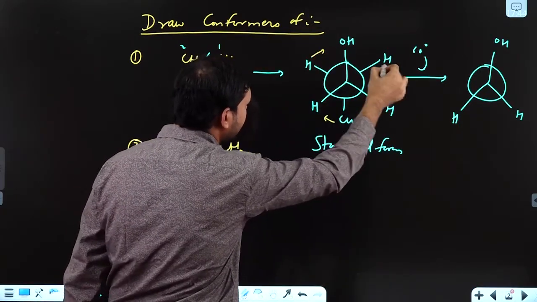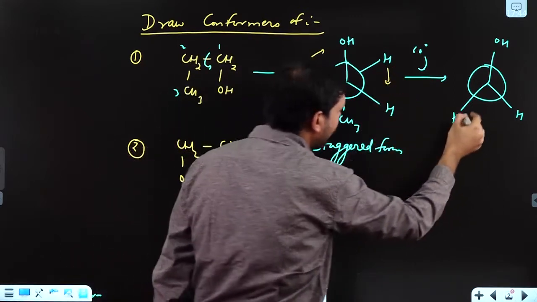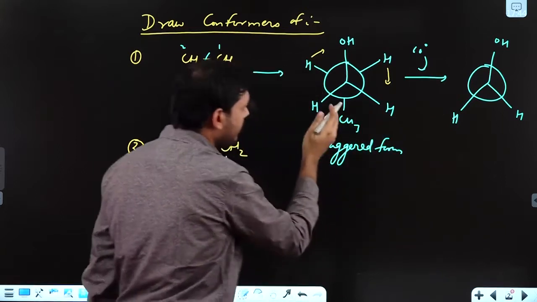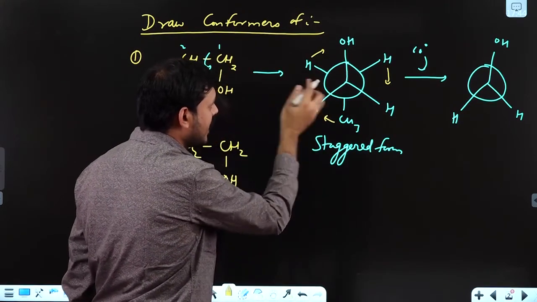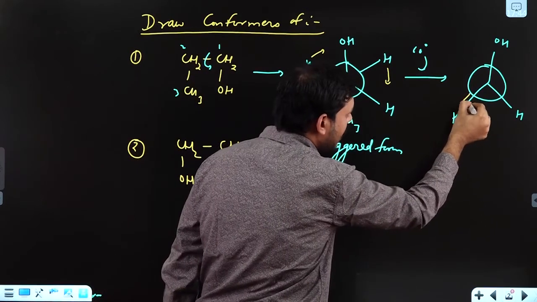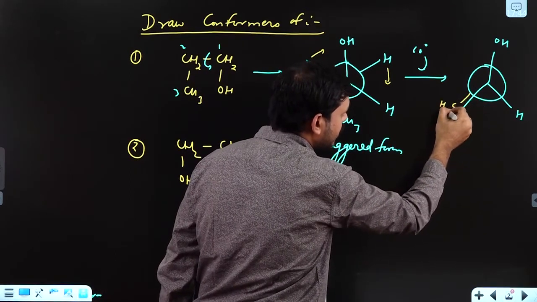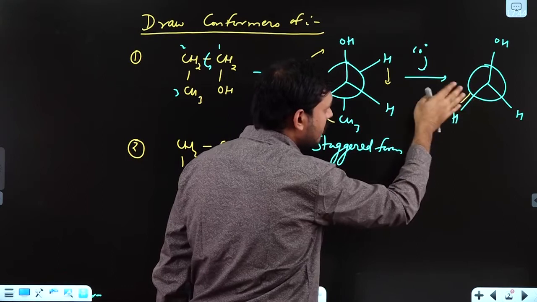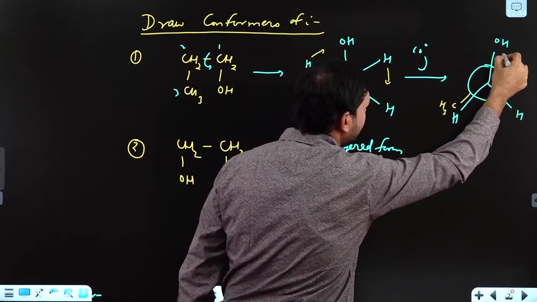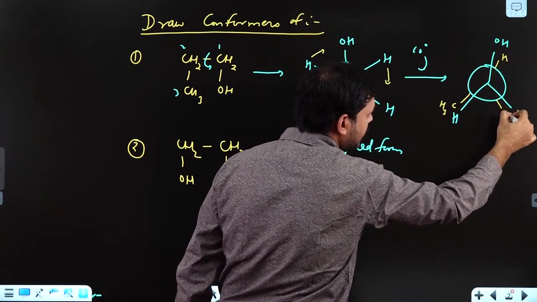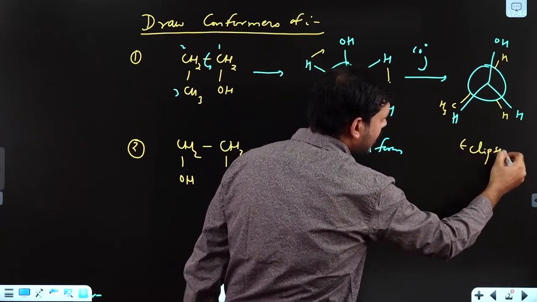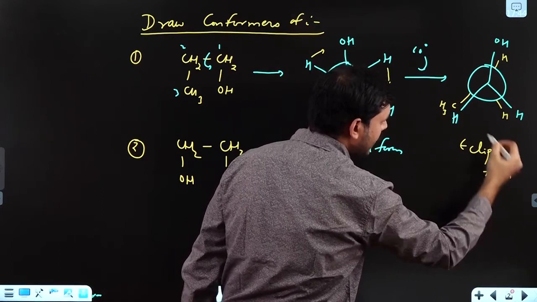This group will be just behind this bond. For better visualization I am drawing it after this one. It is parallel, both are in front of each other, one H after this and one H after this. So this is your eclipsed form.